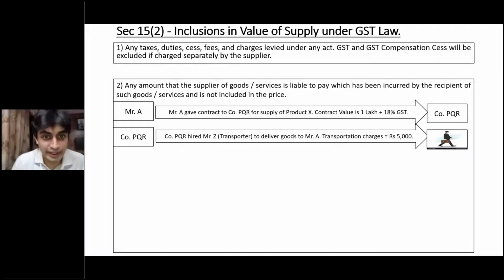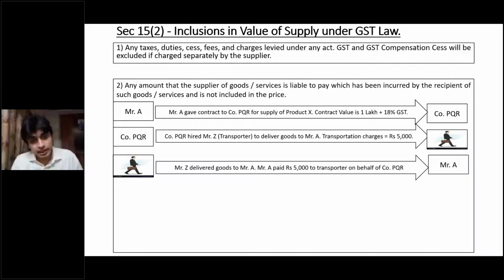Obviously, company PQR का expense है. So company PQR will pay 5,000 rupees. Now the transporter, Mr. Z, delivered the goods to Mr. A. देखो ध्यान से, Mr. A paid rupees 5,000 to the transporter on behalf of company PQR. यानी recipient has paid on behalf of the supplier.